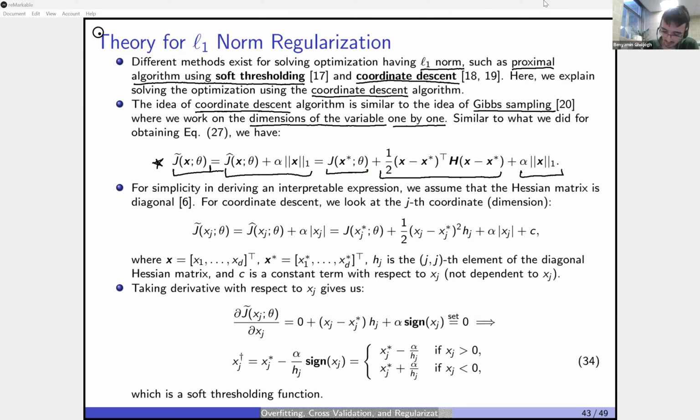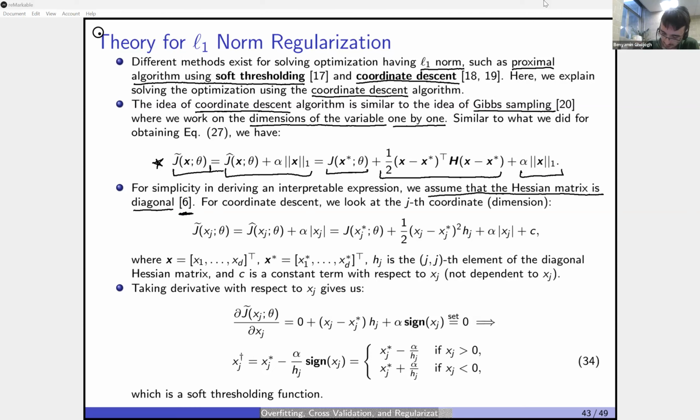For simplicity in deriving an interpretable expression, we assume that the Hessian matrix is diagonal. This assumption has been made also in the deep learning textbook of Goodfellow.